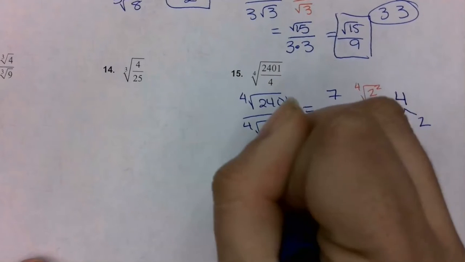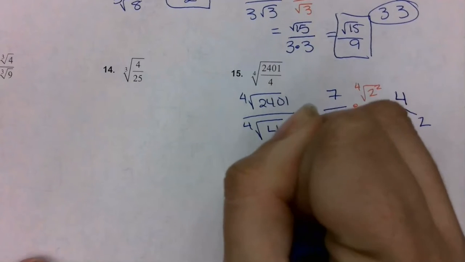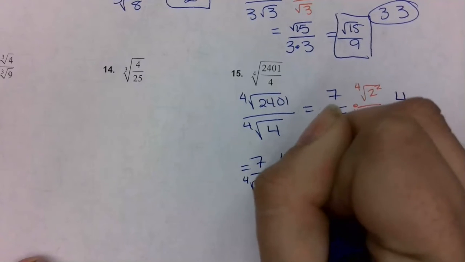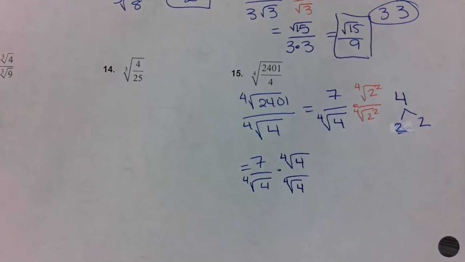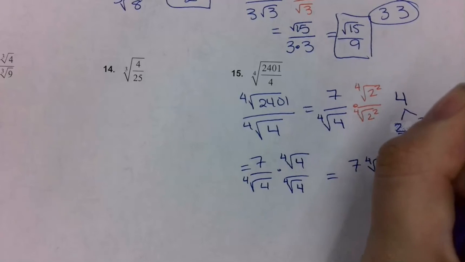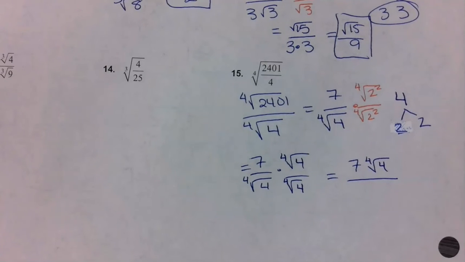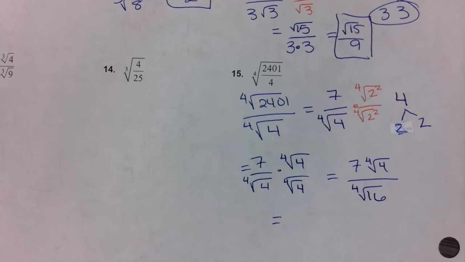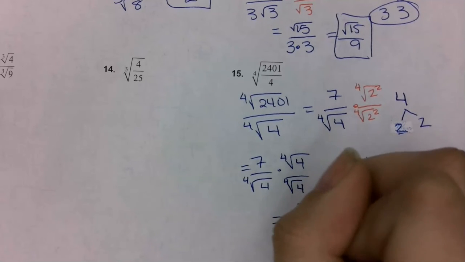So then I still have 7 over the 4th root of 4. 2 squared is 4. Wait, how is it? How is it what?